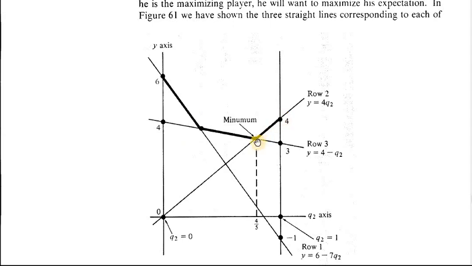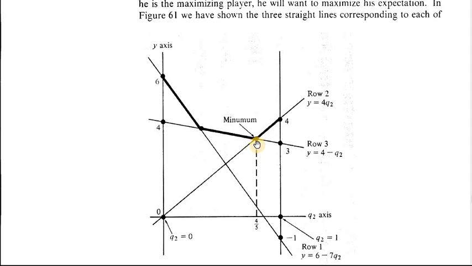Now, where's the minimum payoff that the column player can get if the row player plays along this solid black line? Remember, the column player wants to minimize. So if the row player goes here, if the column player goes here, then he's going to minimize the payoff for the row player when the row player plays his best strategy.